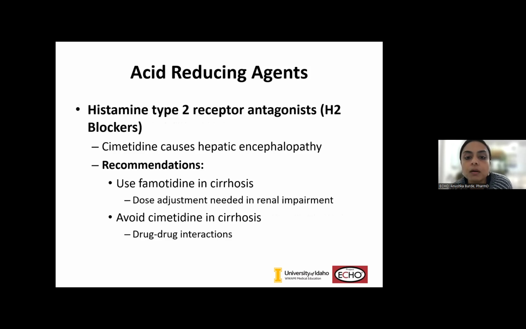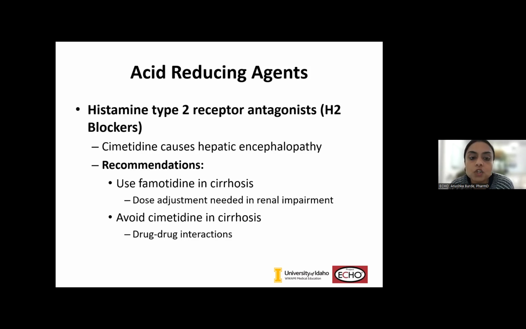And then H2 blockers, again, I usually avoid cimetidine in general and not just in patients with chronic liver disease, because cimetidine itself actually inhibits the CYP3A4 system, which is why it can increase levels of other medications. It is also thought to cause hepatic encephalopathy in patients with cirrhosis.